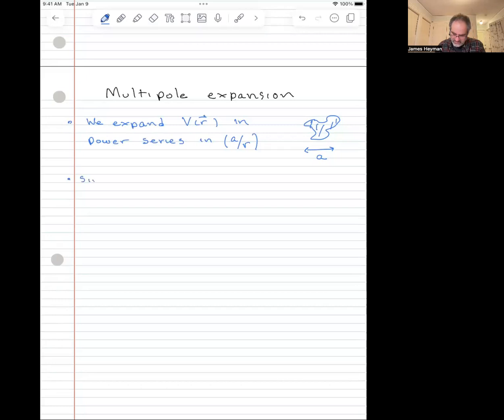We found that, rather miraculously, the distance between some point and the origin, script r, can be written as 1 over r times the sum n equals 0 to infinity of r prime over r to the n times P sub n cosine theta.